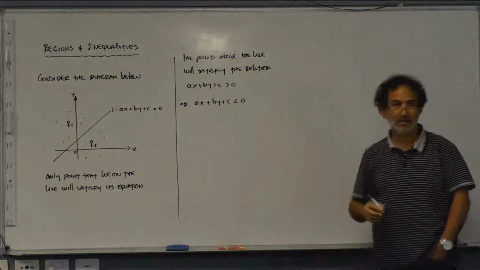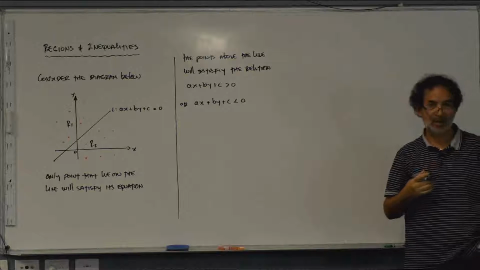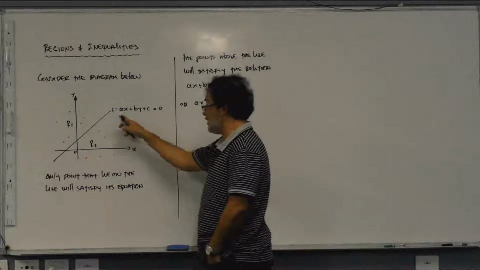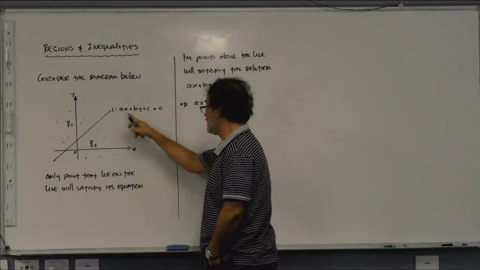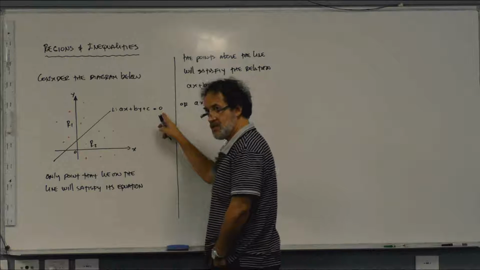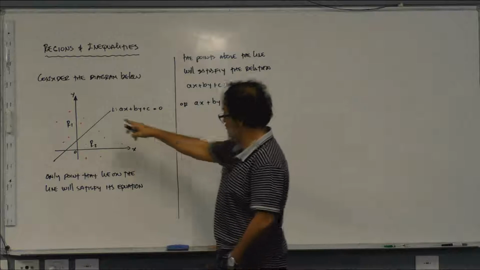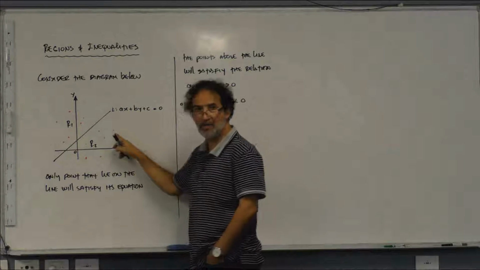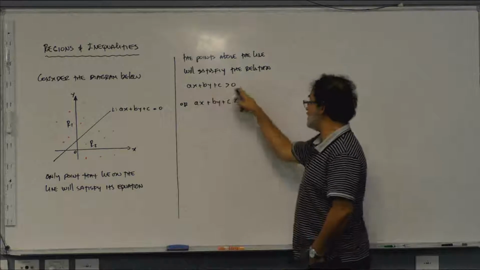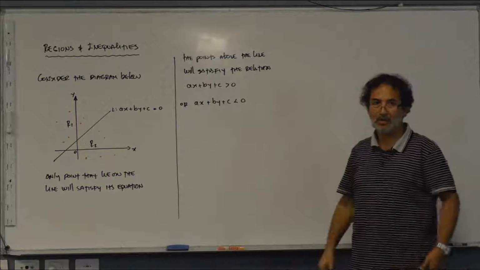That is logic. Any point on this line will satisfy this equation, which is ax plus by plus c equals 0. So any point in R1 or R2 will satisfy this one or that one, depending on the equation.